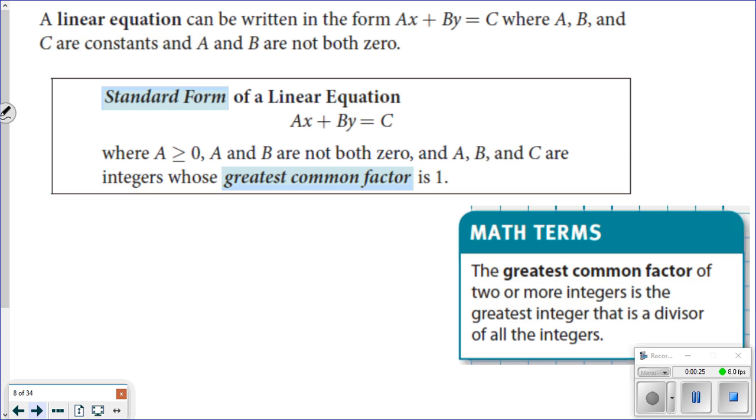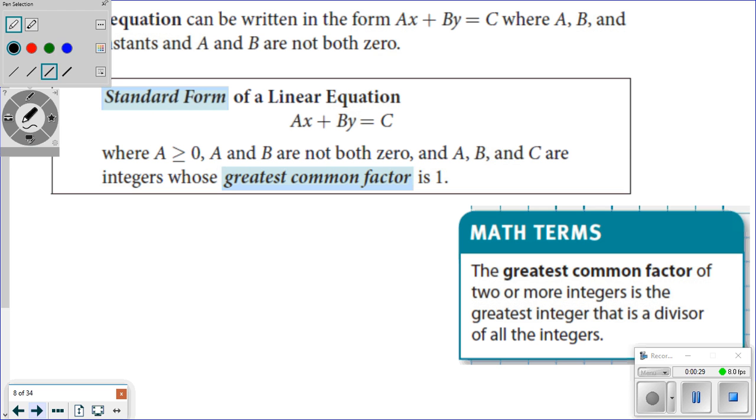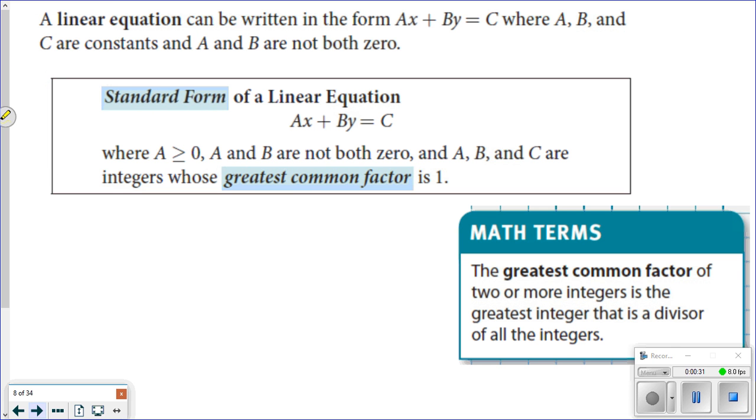A linear equation can be written in the form ax plus by equals c, where a, b, and c are constants, they're numbers, and a and b are not both 0.